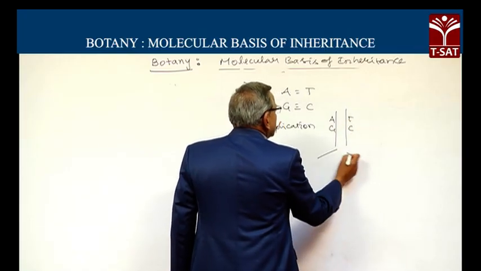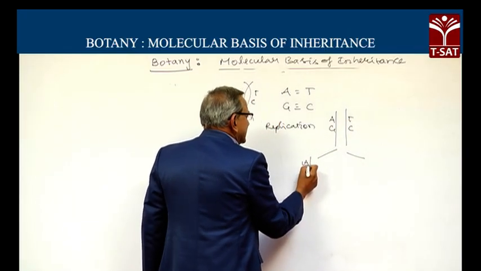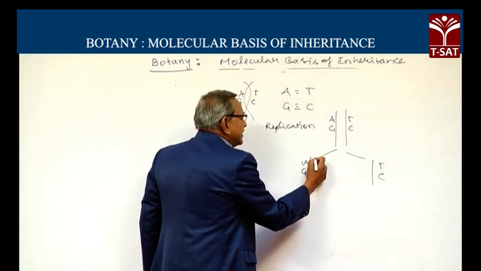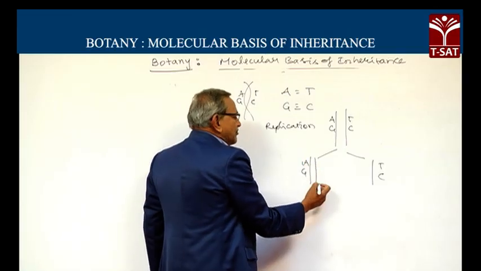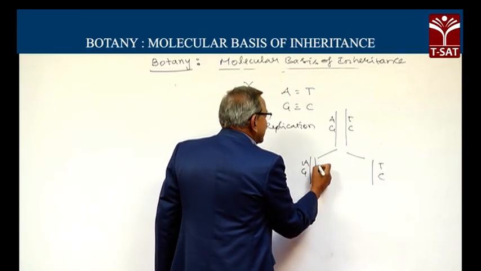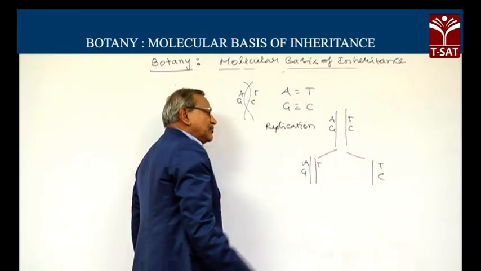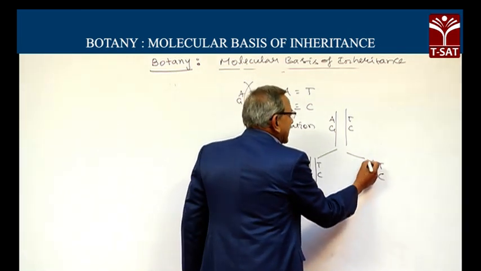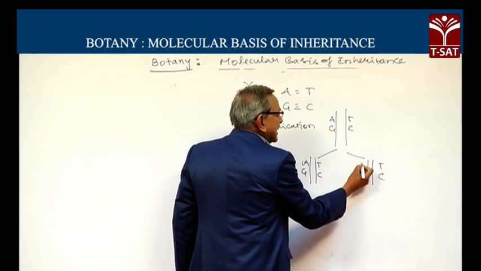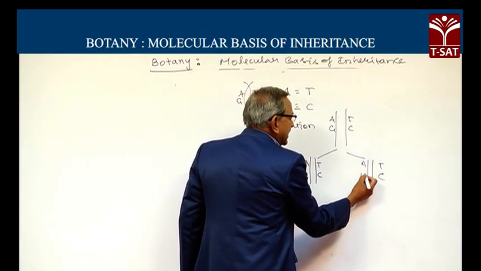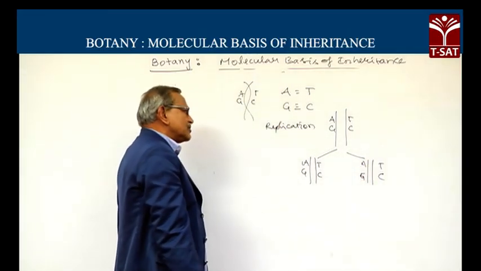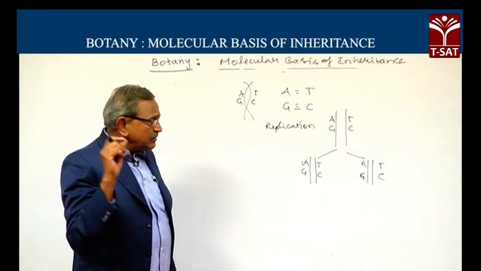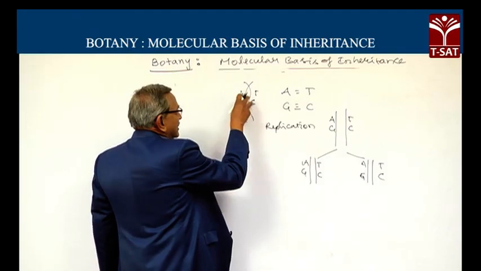This is one template with AG, this is the other template with TC, and it will synthesize a complementary strand where we have A bound to T and G bound to C. Here this will be acting as a template and the new strand will be like this.